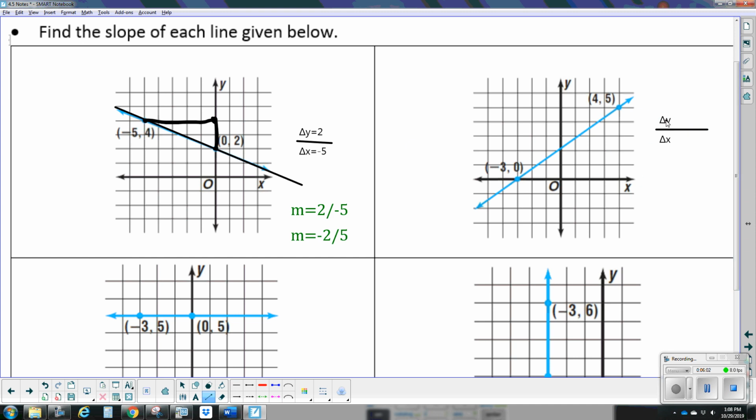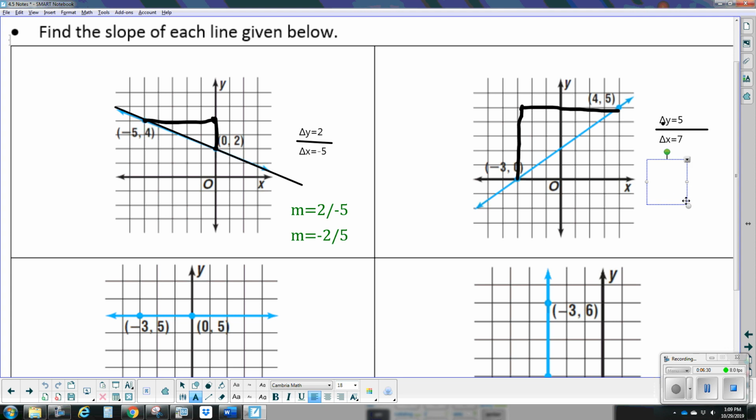And our change in y, if we count, is 1, 2, 3, 4, 5. And our change in x is 1, 2, 3, 4, 5, 6, 7. You can look at the coordinates, or you can simply count the units on the coordinate plane.